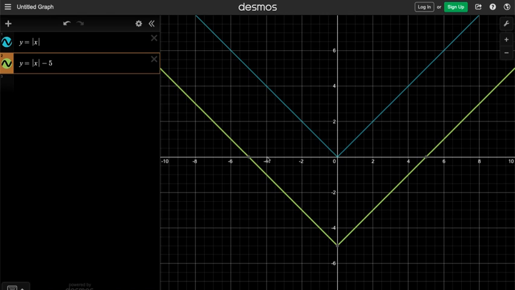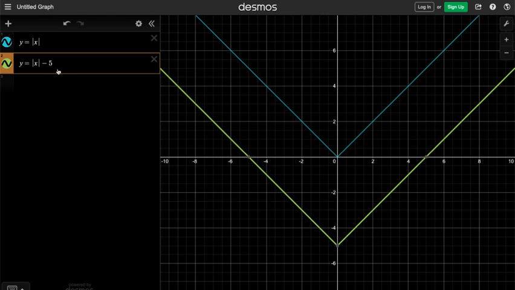Now, when you plug in -4 into the new equation, you get absolute value of -4, which is 4, minus 5. So the y value will be -1. Compare (-4, 4) and (-4, -1). You can see that this point is also shifting down by 5 units.